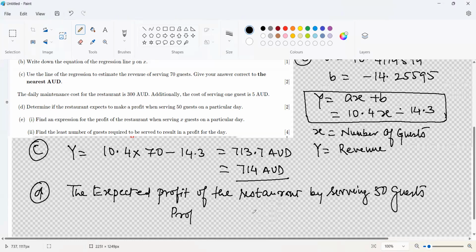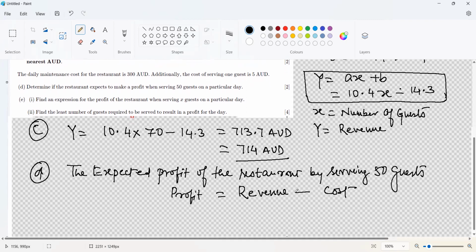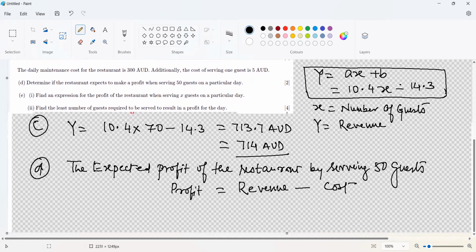So profit here would be what? Profit would be the revenue that you generate minus the cost that you have to give, isn't it? The revenue that you obtain and the cost that you have to give. So the revenue function you already have.